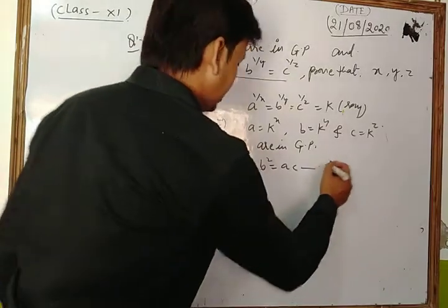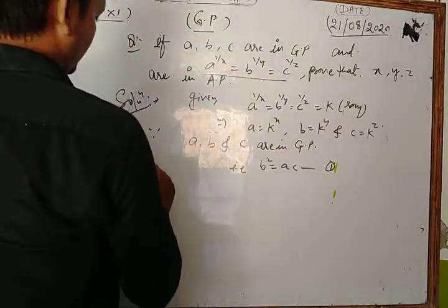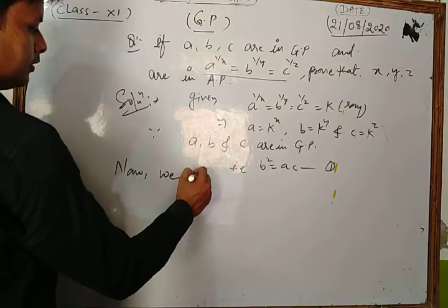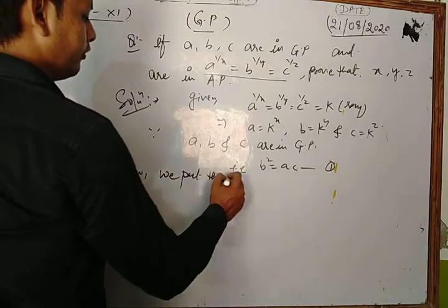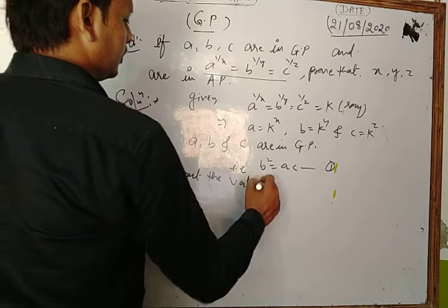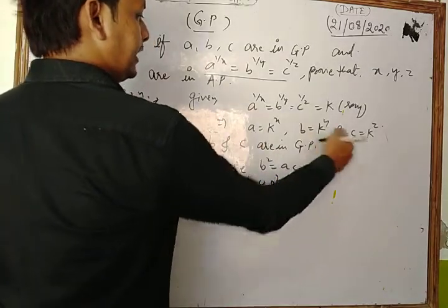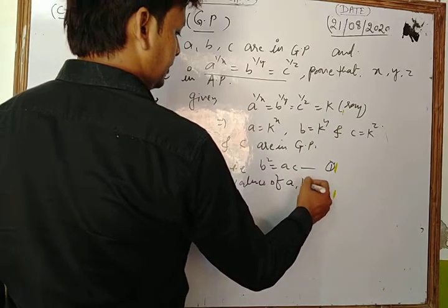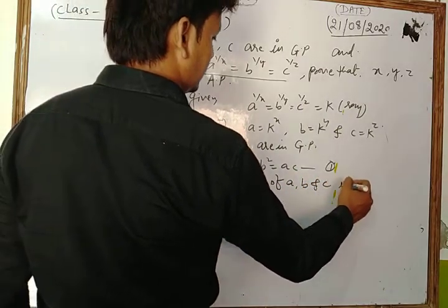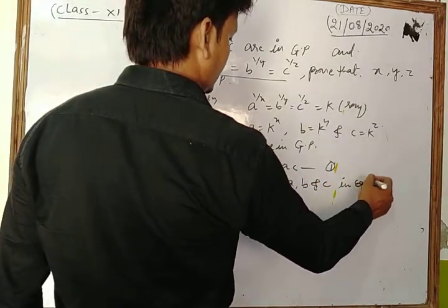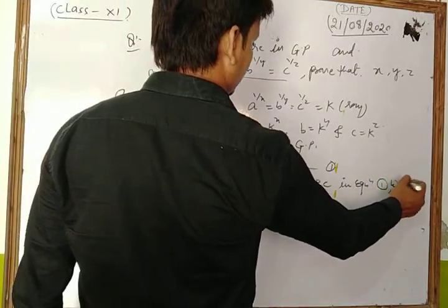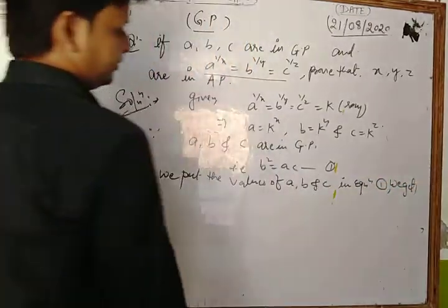We take equation 1. Now we put the values of a, b and c in equation 1. Let's see what we have.